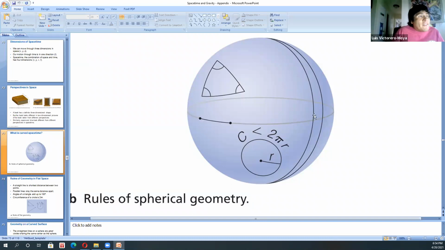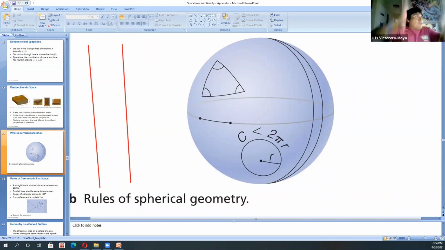By the way, what are these two lines? Okay. In the plane, I can draw this, right? One line like this, and one line like this. So in the plane, those lines will never intersect. Like for example, two avenues, they never cut.